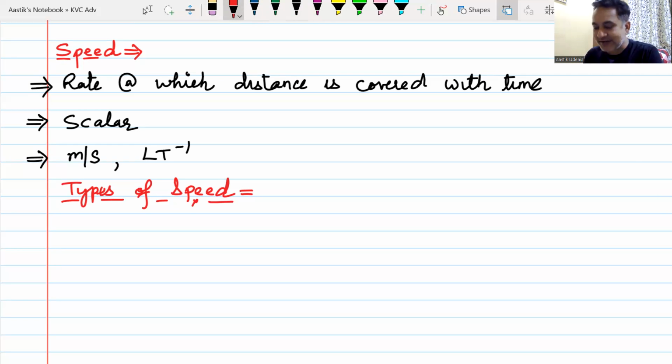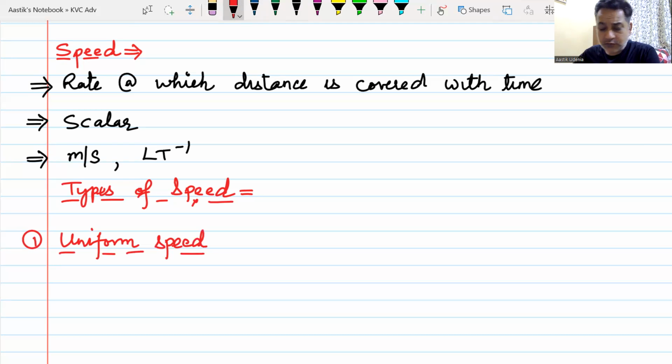Okay, that is correct. But let me first introduce the simplest of them all, because probably you would have heard them in your ninth standard. The first one in this category is uniform speed. Have you heard about uniform speed?